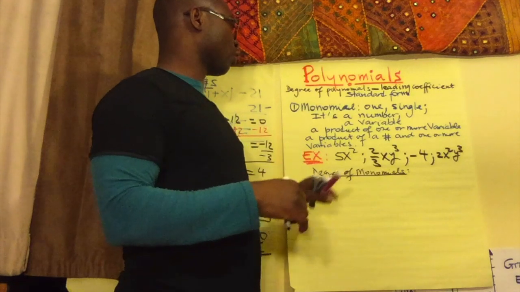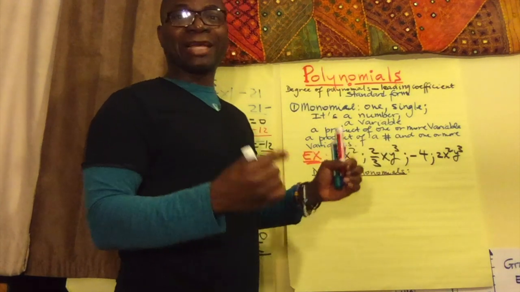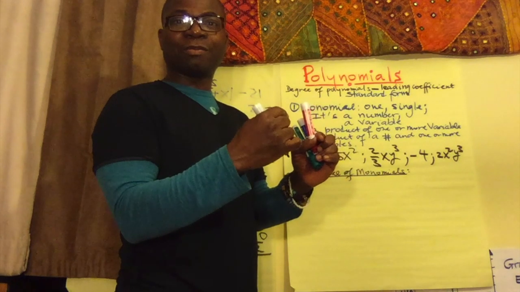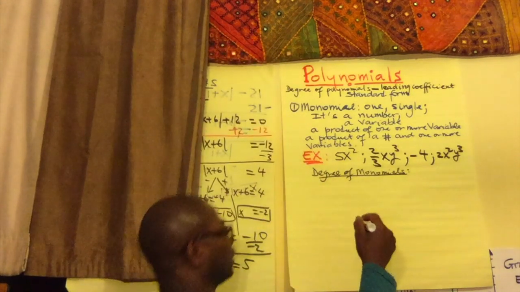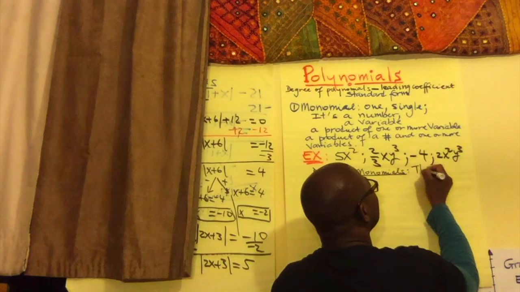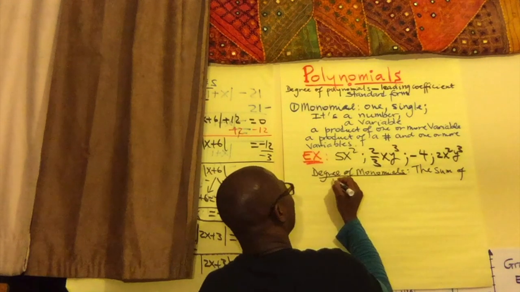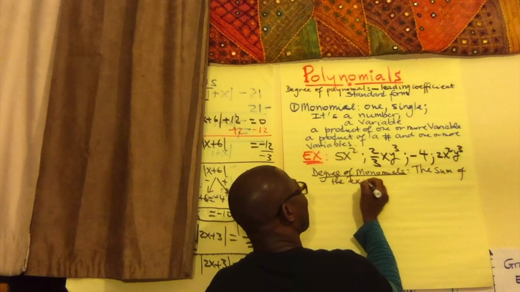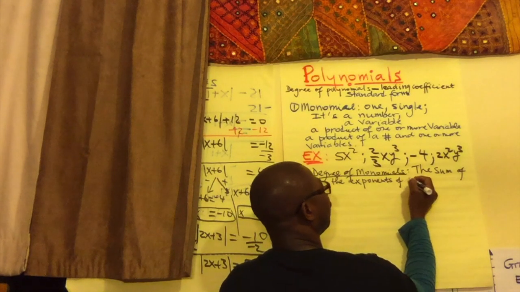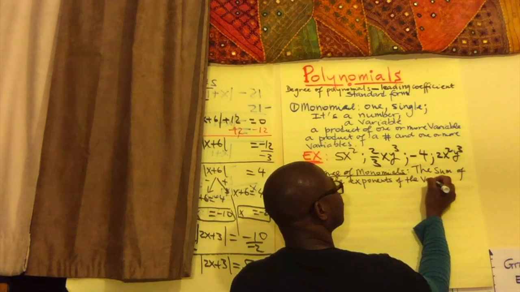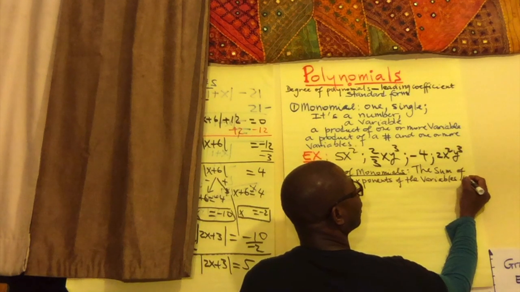If you look at each one of these, some of them have variables. The exponents of those variables, we add them up, and that becomes the degree of that monomial. So it is the sum of the exponents of the variables in the monomial.